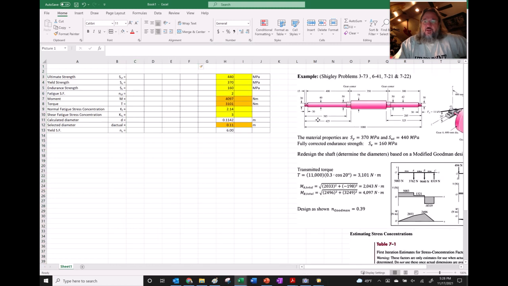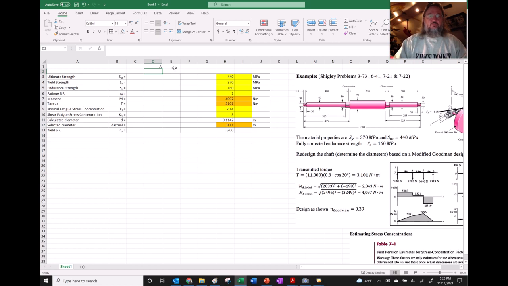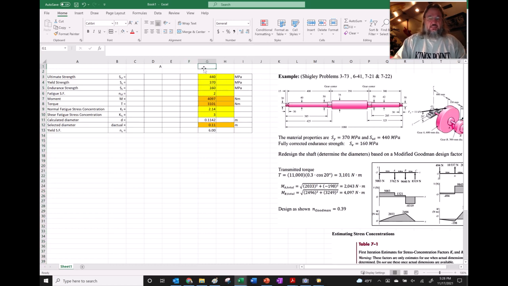So in labeling these, this is the center of A. I think I have one too many somehow. There you go. And this is the center of B, right?